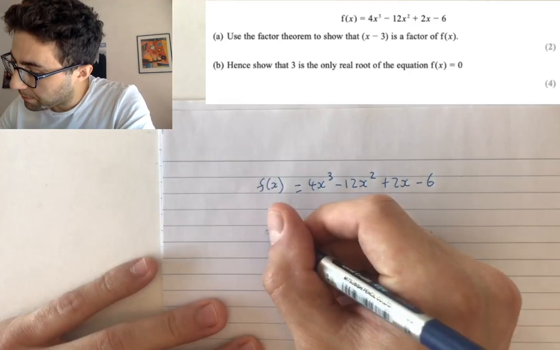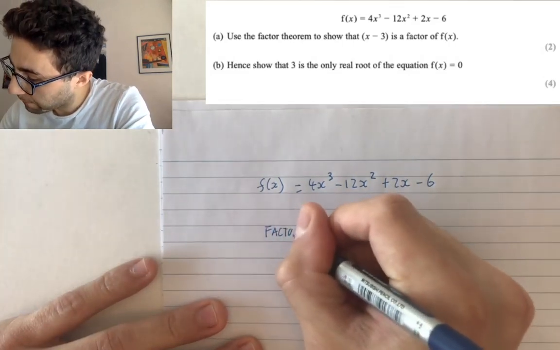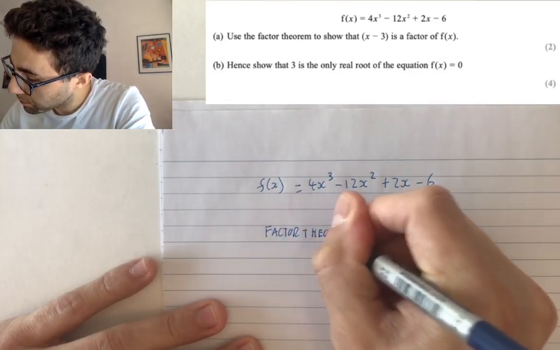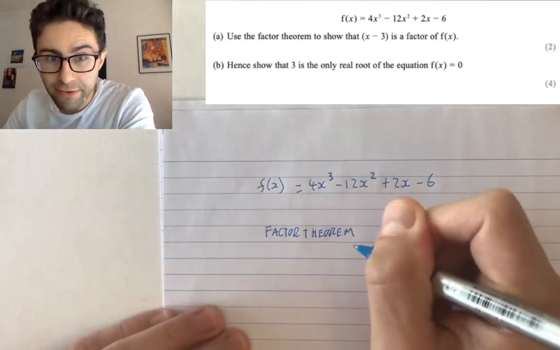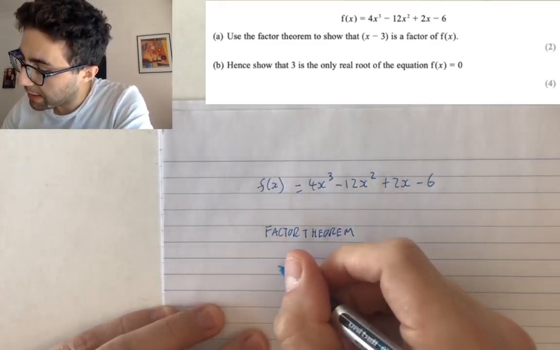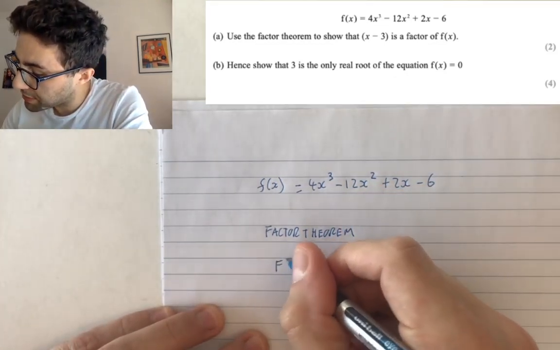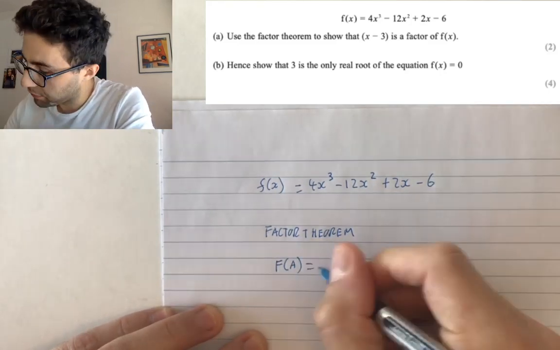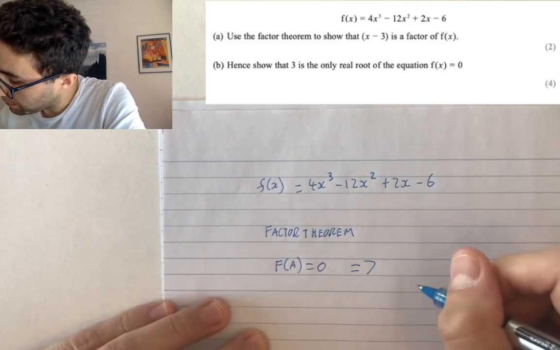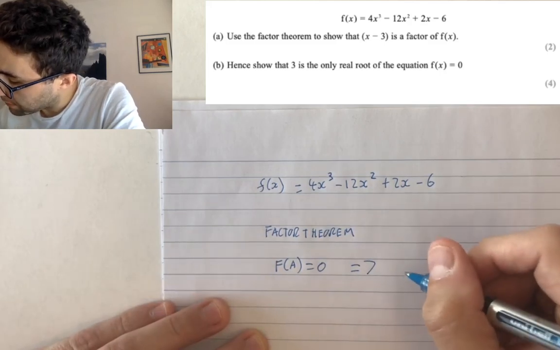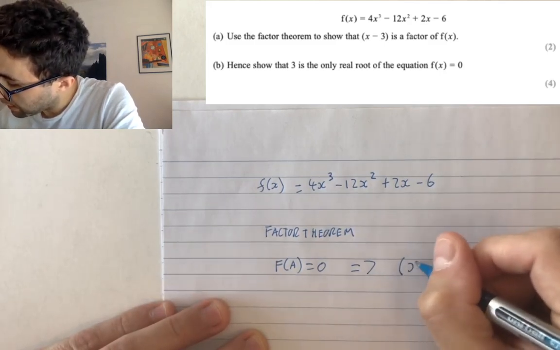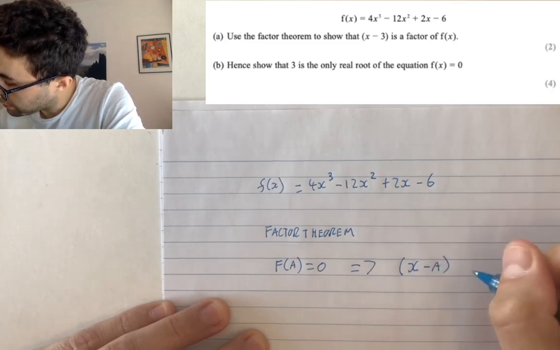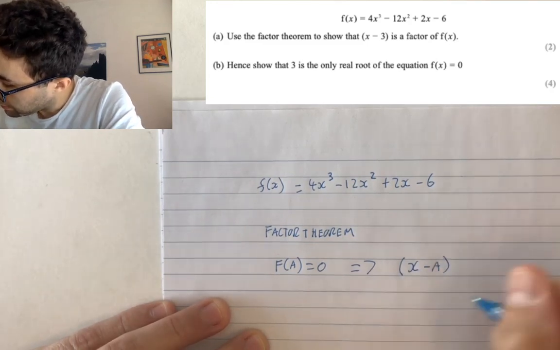Factor theorem is that if f of a equals 0, that means that x minus a is a factor.